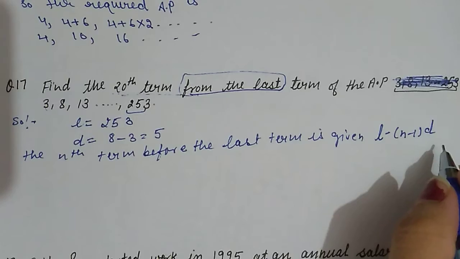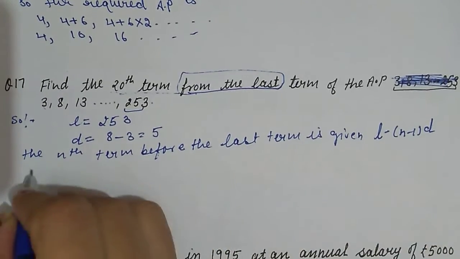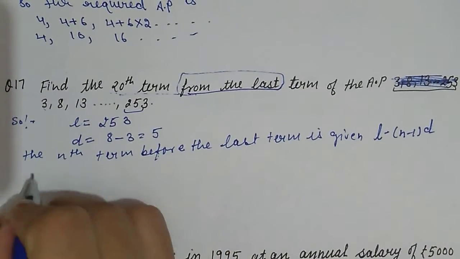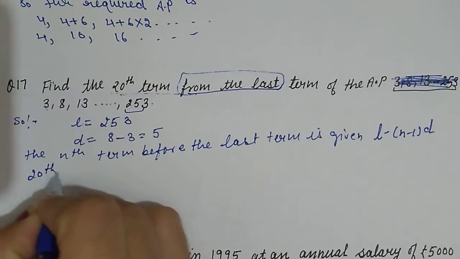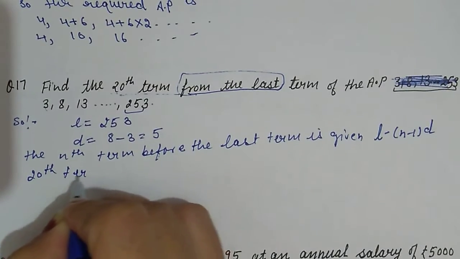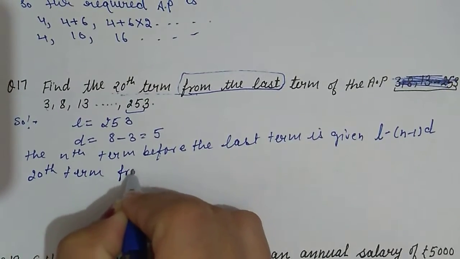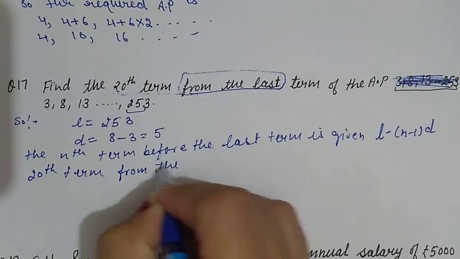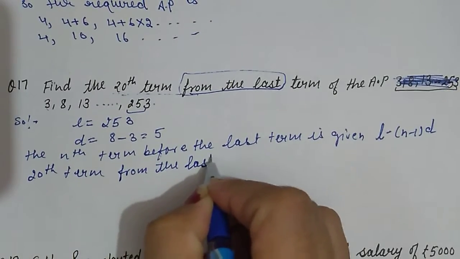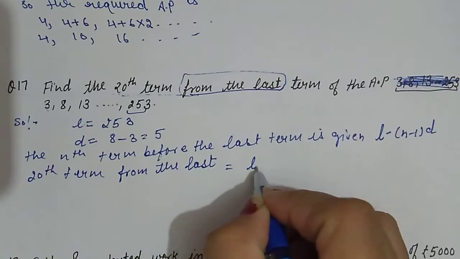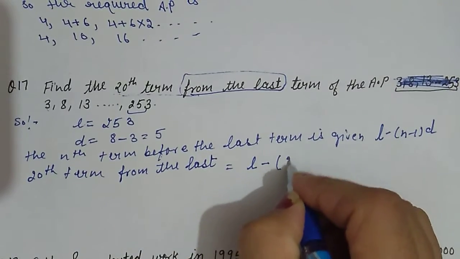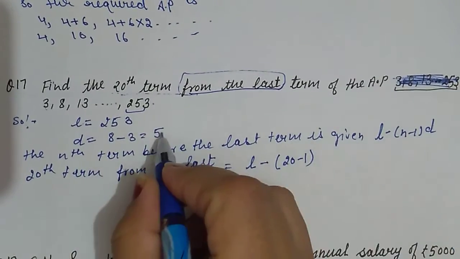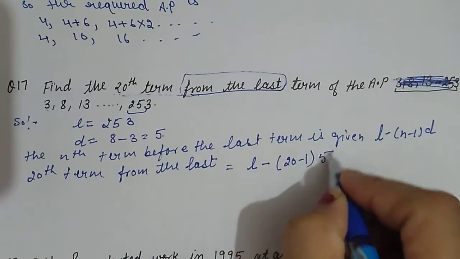This is the formula. So we have to find the 20th term from the last. L minus 20 minus 1, and the common difference is 5.